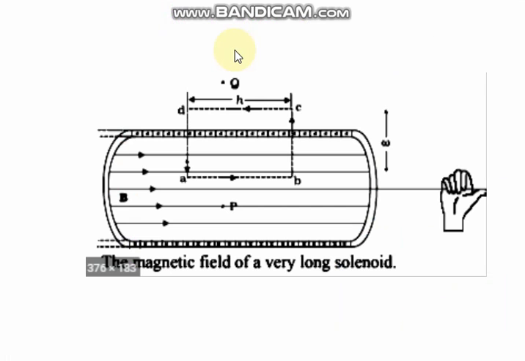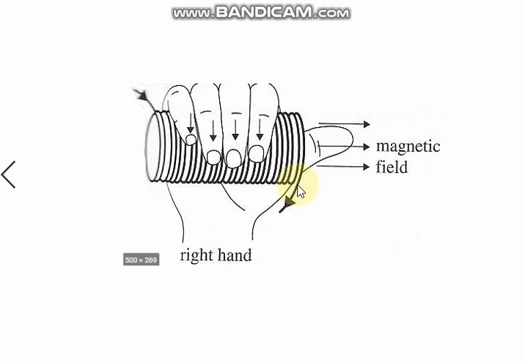Now let us apply Ampere's law to determine the magnetic field due to a solenoid. A solenoid is a spring-like structure, just as shown in this figure. It is a long wire wound in the form of a spring, in which the turns are tightly wound.